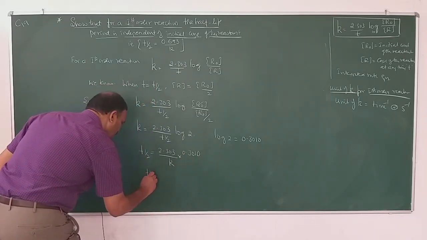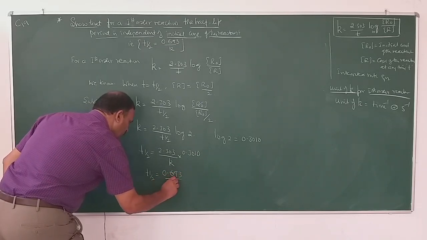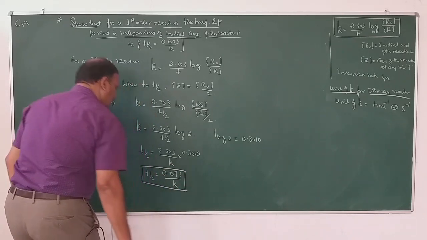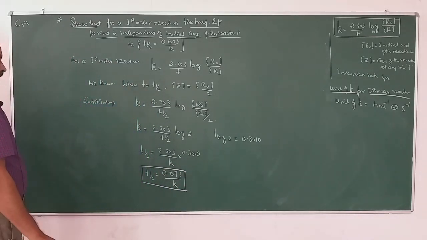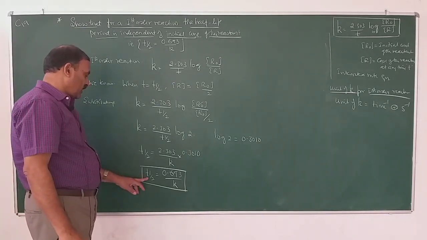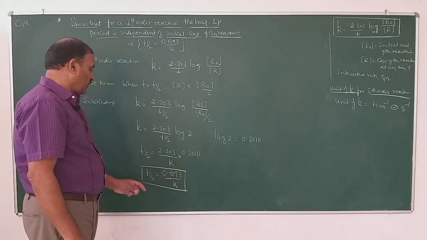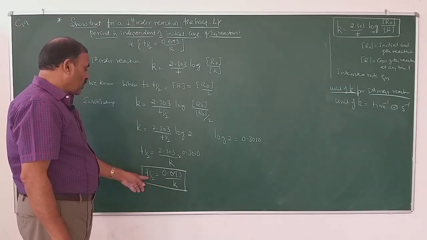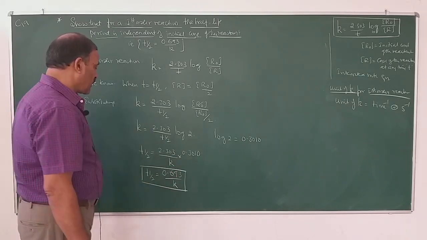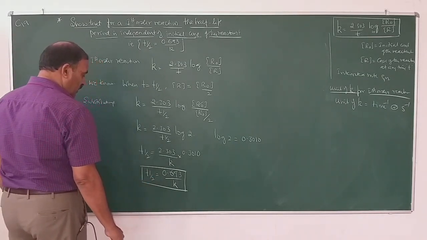So on multiplying, T half equals 0.693 divided by K. So this is an expression for T half of a first order reaction. This equation does not contain any concentration terms. Therefore, we can say that T half for a first order reaction is independent of initial concentration, or T half for a first order reaction is always constant.